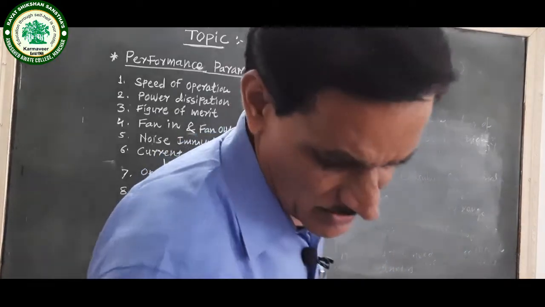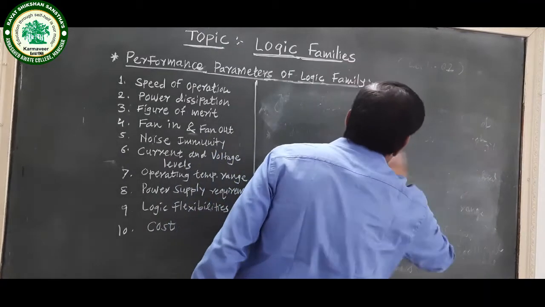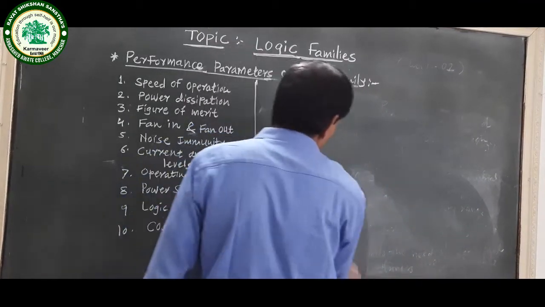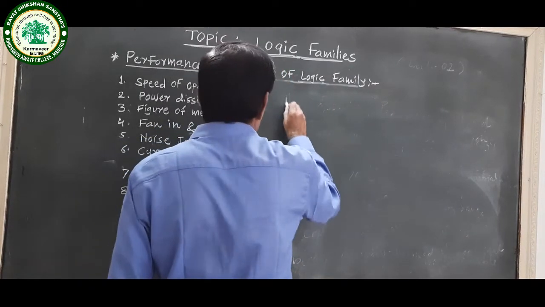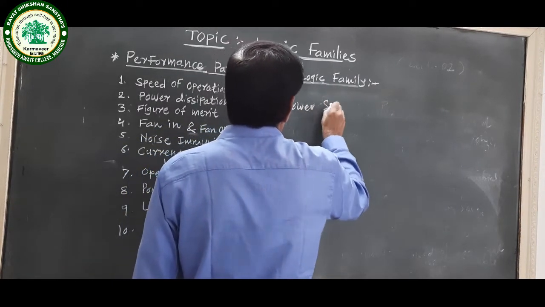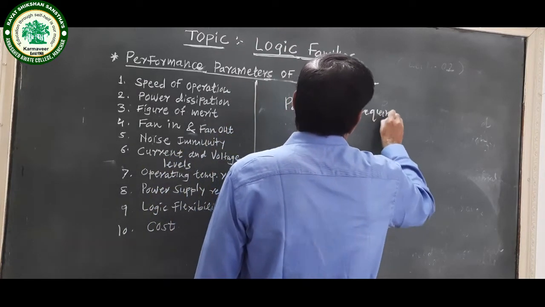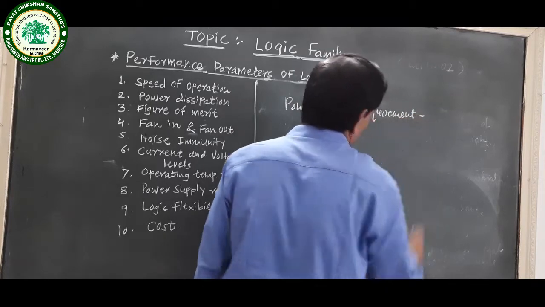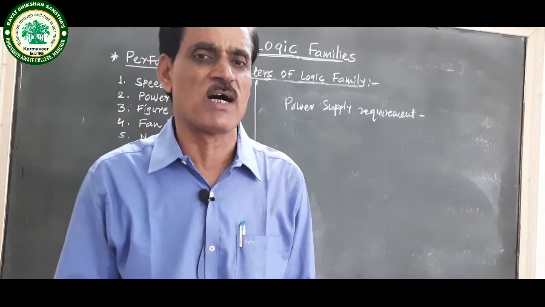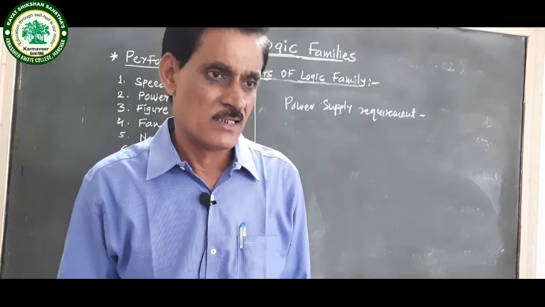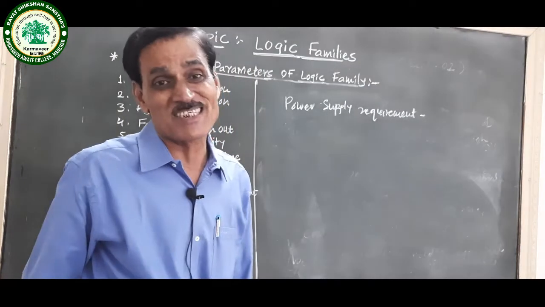Then the next parameter which we have to discuss is the power supply requirement. For the operation of any digital IC, there is a need of a power supply, and for the corresponding family, the power supply requirements are similar.